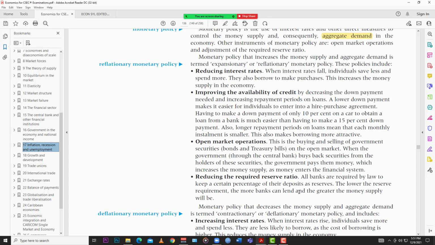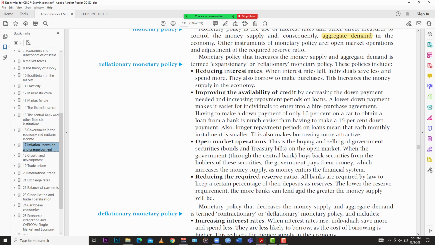So using the reserve requirement ratio, the central bank can tell banks, okay, we want the economy to boost up. So what we're going to do, we're going to lower the amount of money you have to keep back. So that now means that the banks have more money to lend, and some more loans going out to different people, and that would help to boost demand in the economy.